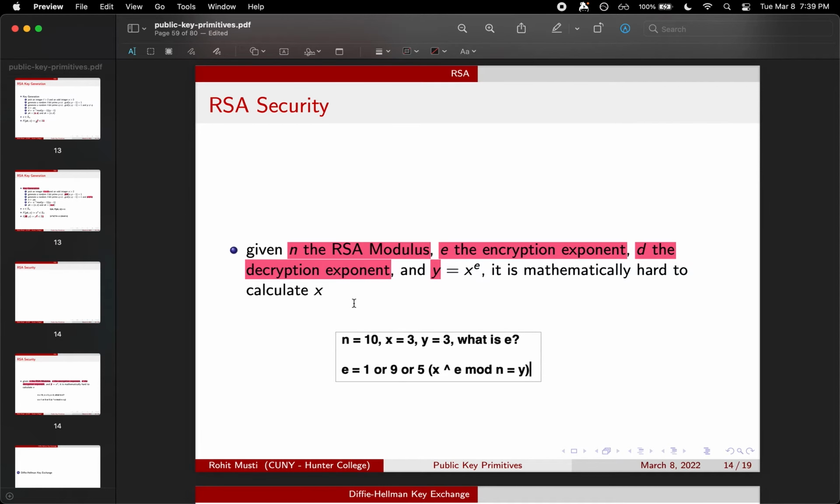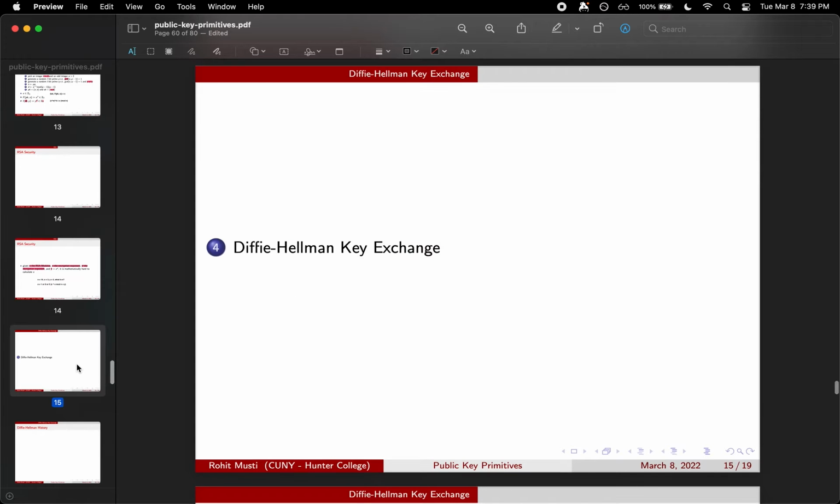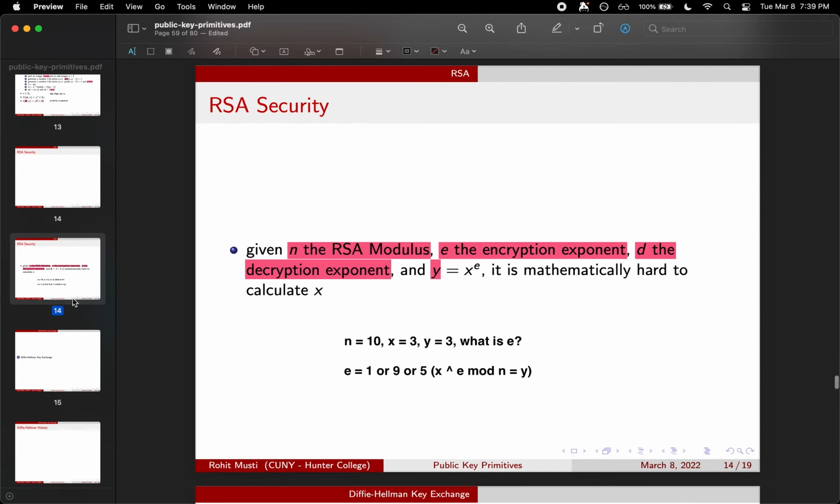I hope this illustrates why this is mathematically really hard to calculate without the correct information. That's called discrete log hardness. So that's RSA, and I hope that hardness feels clear to you.